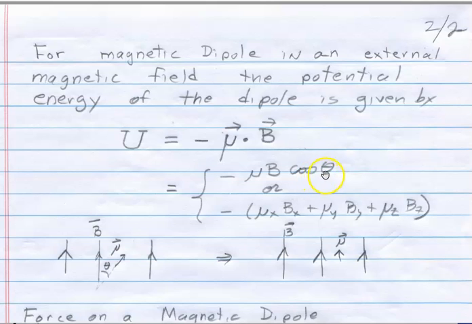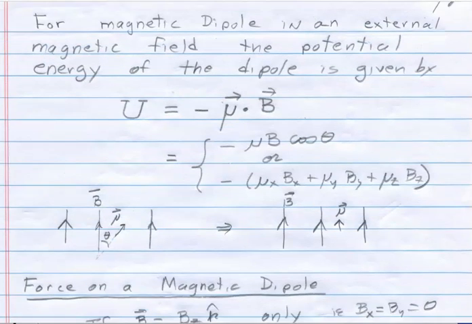The highest energy is when theta is equal to 180 degrees, and that would be the opposite. But the net effect is that these magnetic dipoles in external fields, if they're free to rotate, will very rapidly rotate around until they align themselves with the external magnetic field.